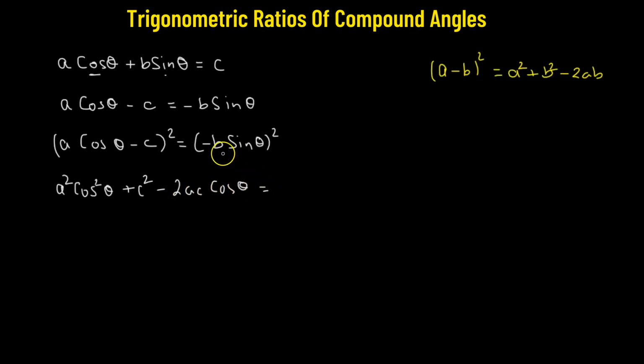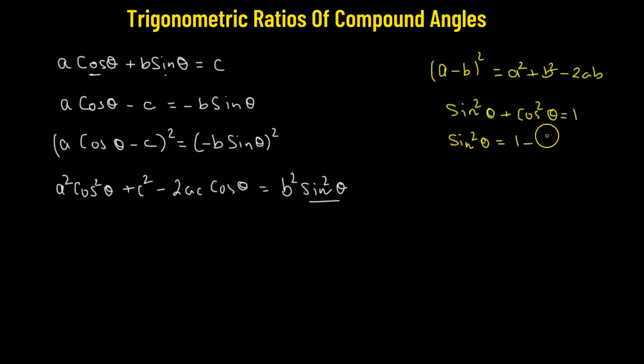On the right hand side, we have negative b sine theta squared, so negative b becomes positive b squared, multiplied by sine squared theta. Now we are going to convert sine squared theta to cosine squared theta, because we know that sine squared theta plus cosine squared theta equals 1. That's a very standard identity. So sine squared theta can also be expressed as 1 minus cosine squared theta.